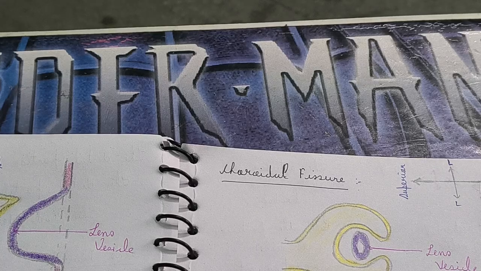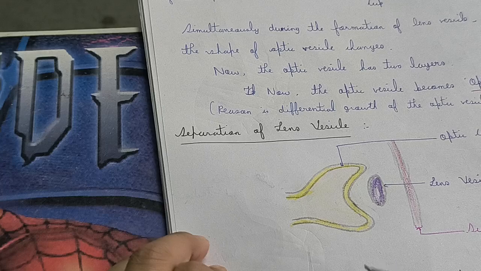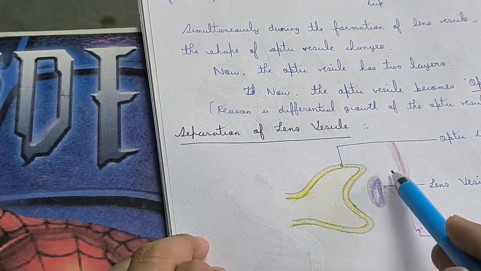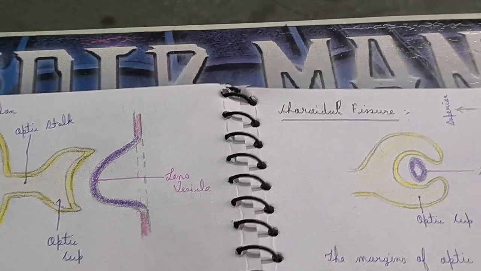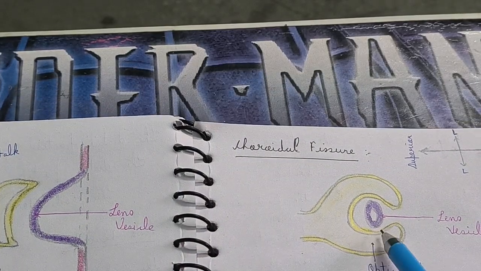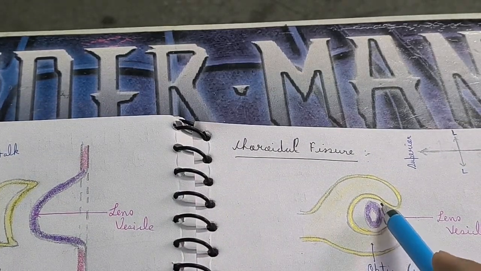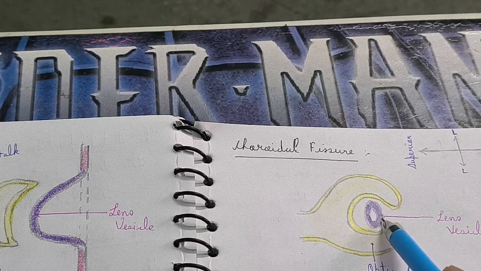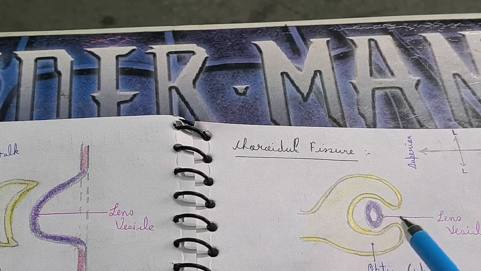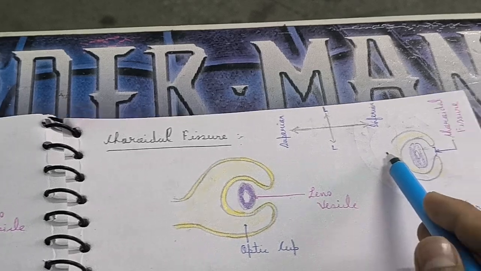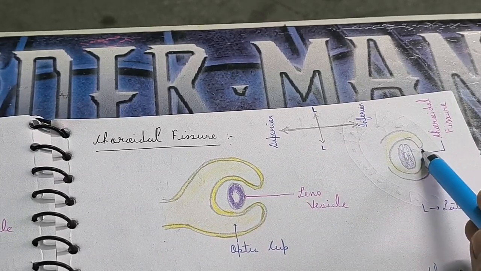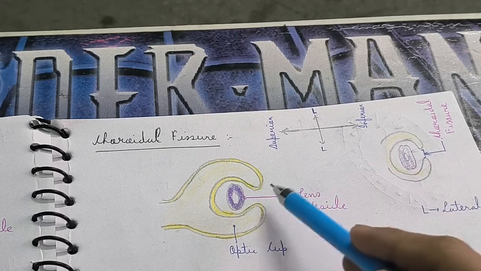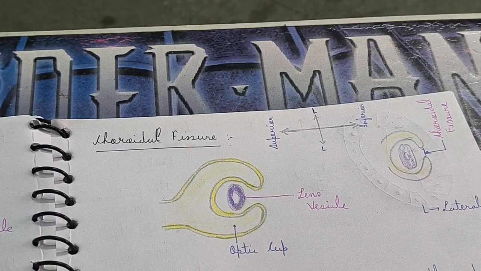Now you have to understand what the choroidal fissure is. Initially, you can see that this optic cup is not enclosing the lens. But now you can see that this optic cup has started to enclose the lens vesicle completely from the superior surface and from both the sides, but it has incompletely enclosed the lens vesicle from the inferior surface.